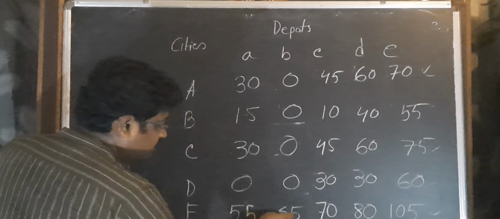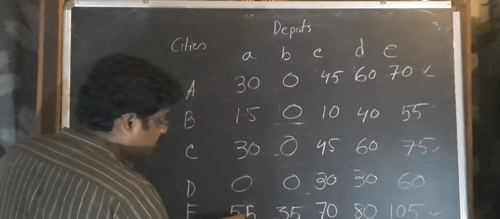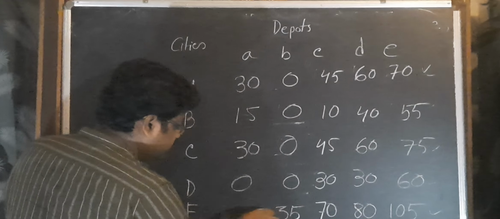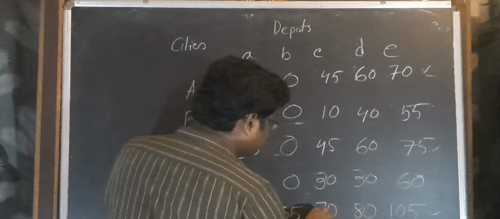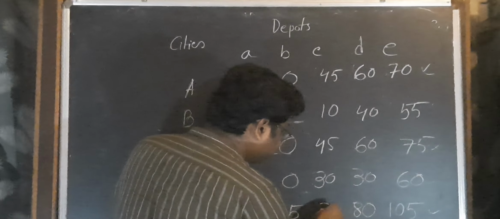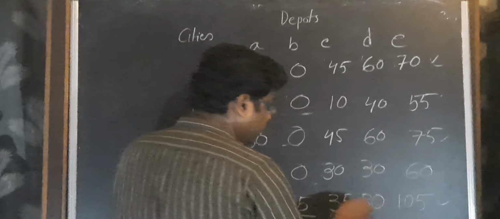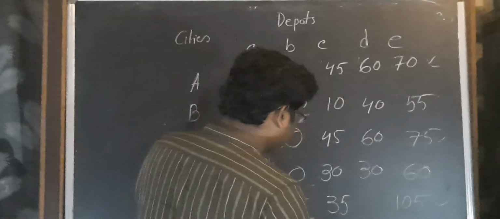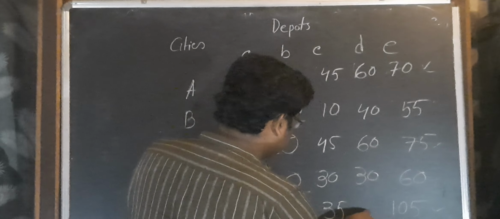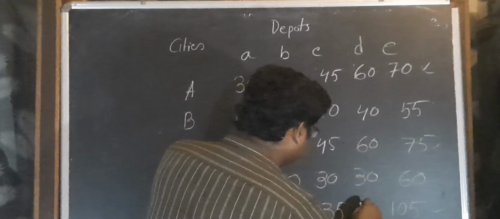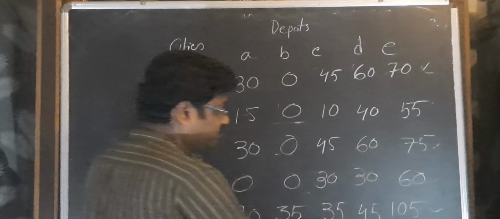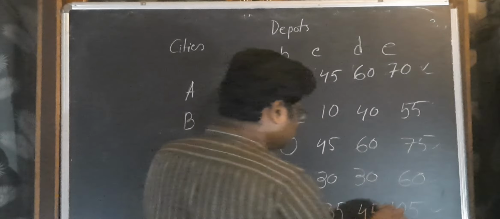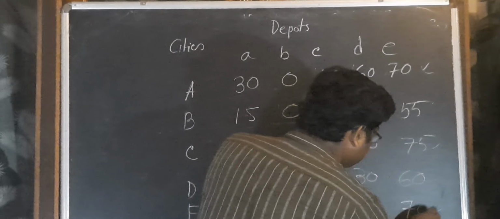Now 35 is the minimum, so 55 minus 35 equals 20, then 35, then 45, and 80 minus 35 equals 45, and 35 minus 35 equals 0.